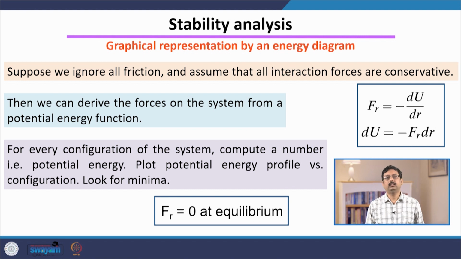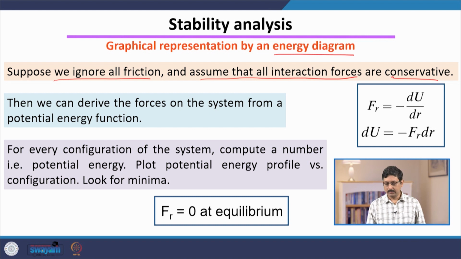Here, this is a very powerful concept of an energy diagram. Suppose we ignore all the friction that is there. For the time being, imagine there is no friction, and we assume that all the forces are conservative. That is why we are ignoring friction.